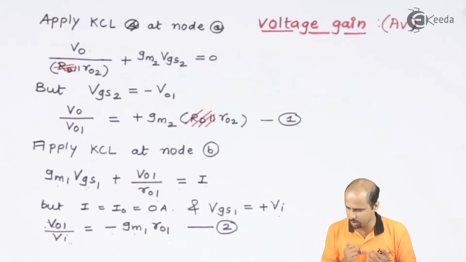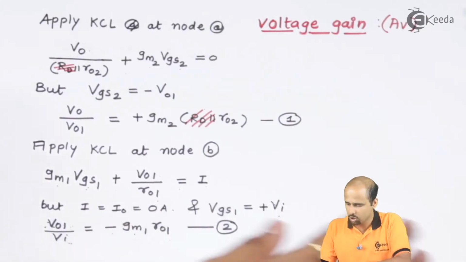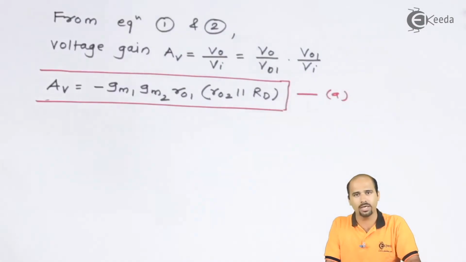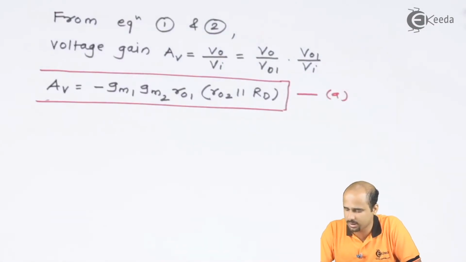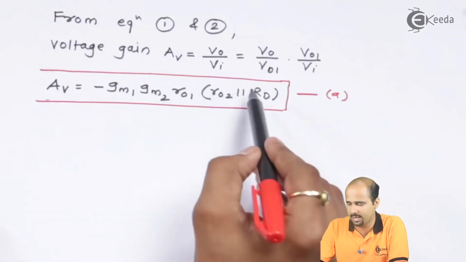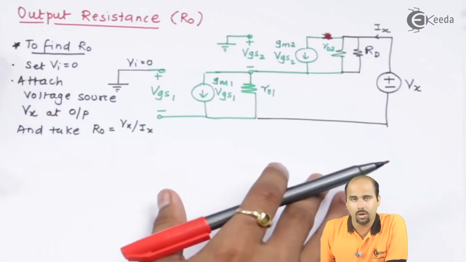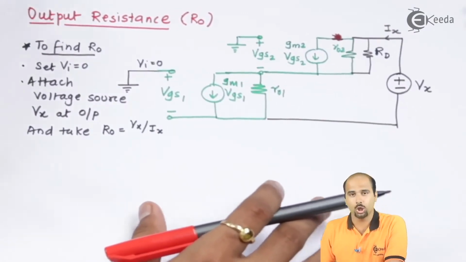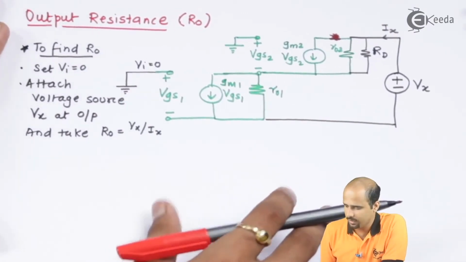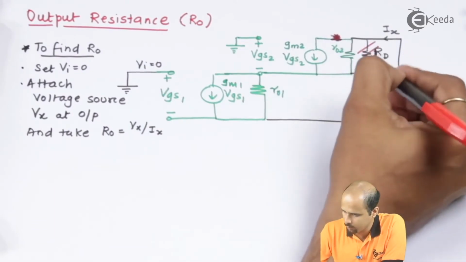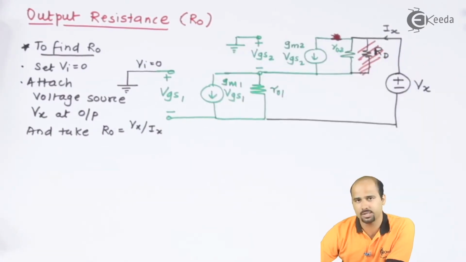So from these two equations, we will be getting the value of voltage gain. So we can say that voltage gain is nothing but minus GM1, GM2, RO1 and RO2, not parallel connection of RD. Okay.